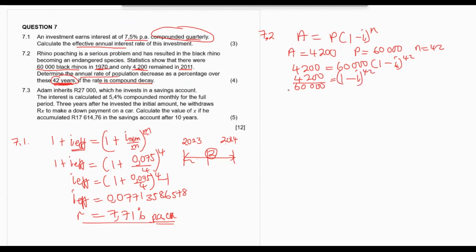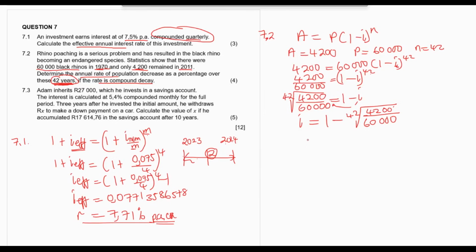Right. And then what are we going to do? We have to find the 42nd root of both sides. So it's going to be the 42nd root of 4,200 over 60,000. Then this is equal to 1 minus i. So what you can do, you can transpose this i to the left hand side. So it becomes i is equal to 1 minus the 42nd root of 4,200 over 60,000.